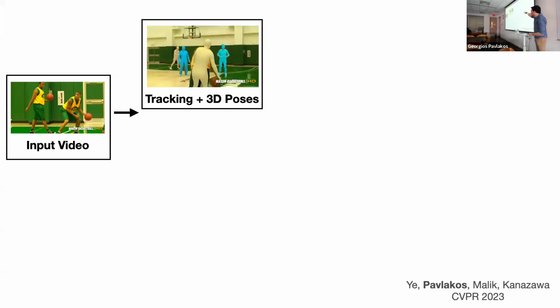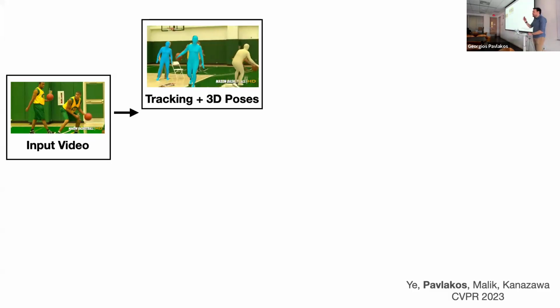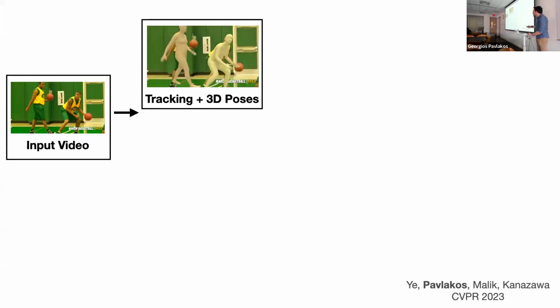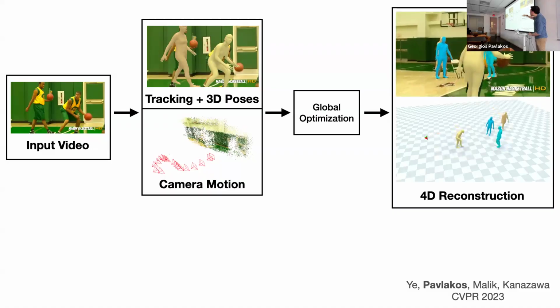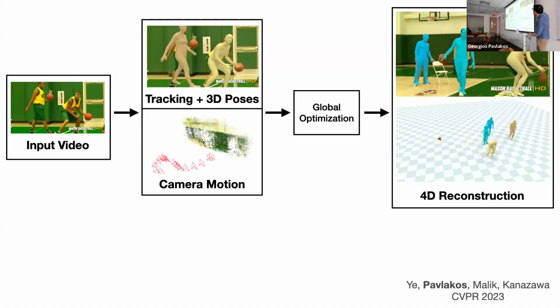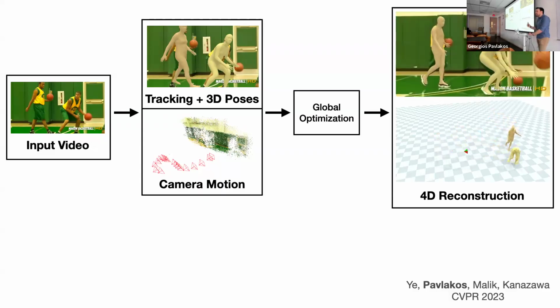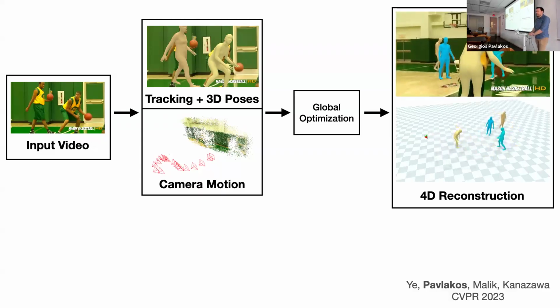So for this approach, we take a video as input, we apply our method on each frame separately, and we track the people. The extra key thing is that we also track the camera motion, and we can get this from a SLAM or an SFM method, and we combine everything together with a global optimization that gives us this consistent 4D reconstruction in the output.